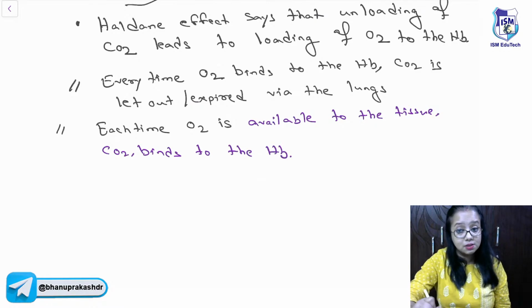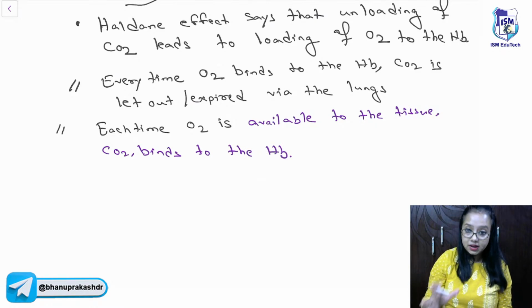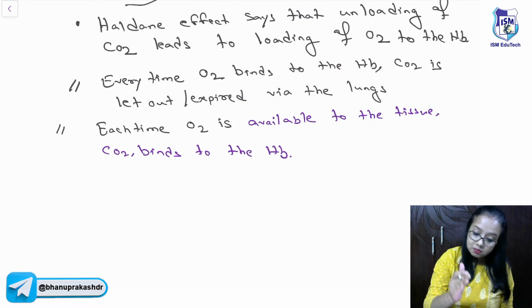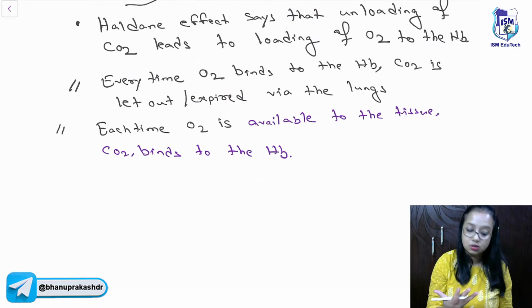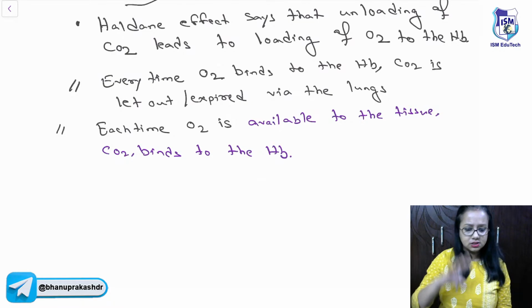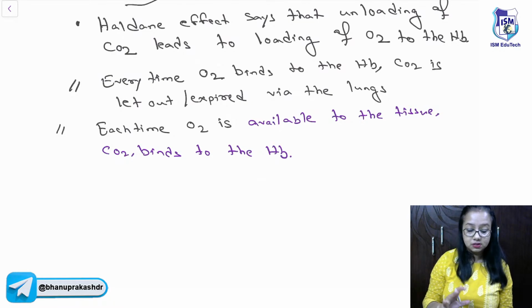This is the important concept. When oxygen is binding to the hemoglobin, carbon dioxide is getting out of the body through the lungs, through expiration.